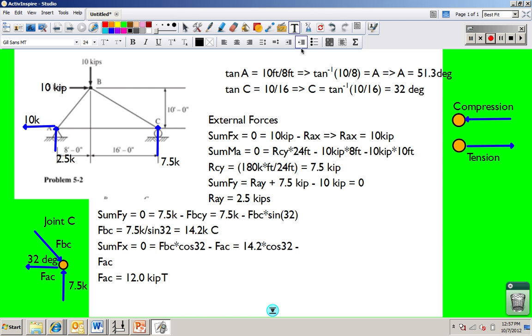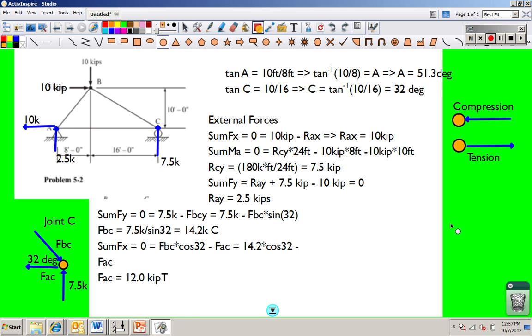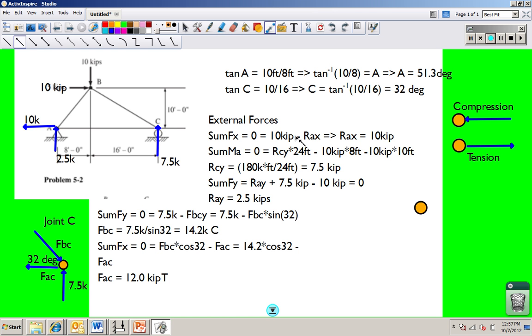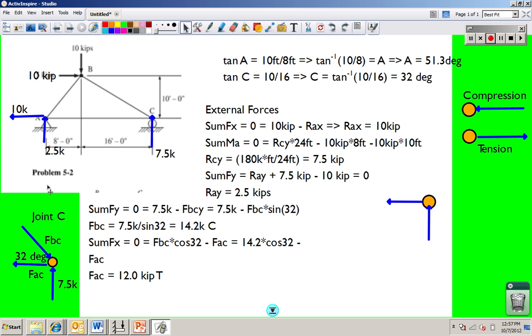So let's just do joint A quickly. Okay, now I need to draw in FAB.